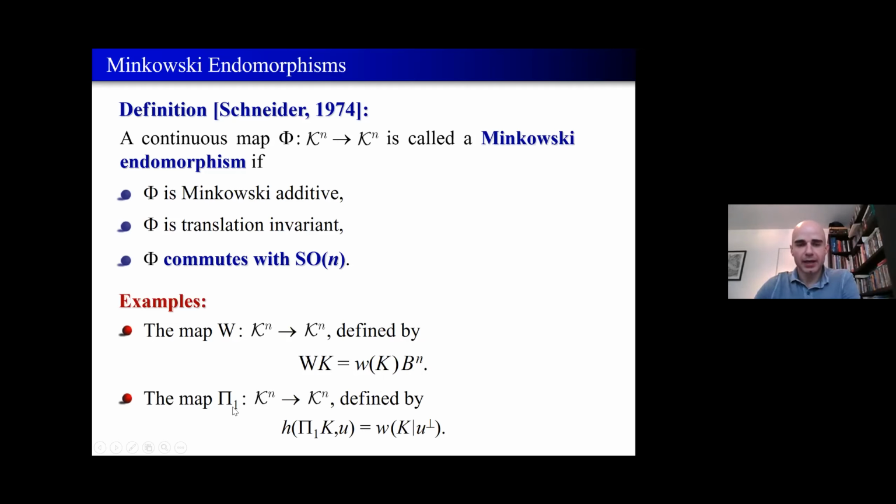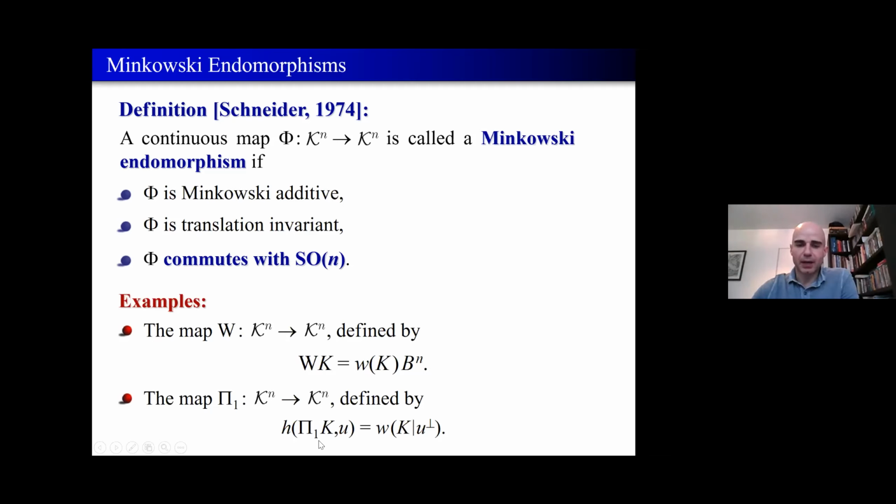And we have what's called the first projection body map. If you're familiar with Minkowski's usual projection body map, there's a Steiner formula for this classical projection body map, and one of the terms that appears there is this first projection body operator, but you can define it just like this.